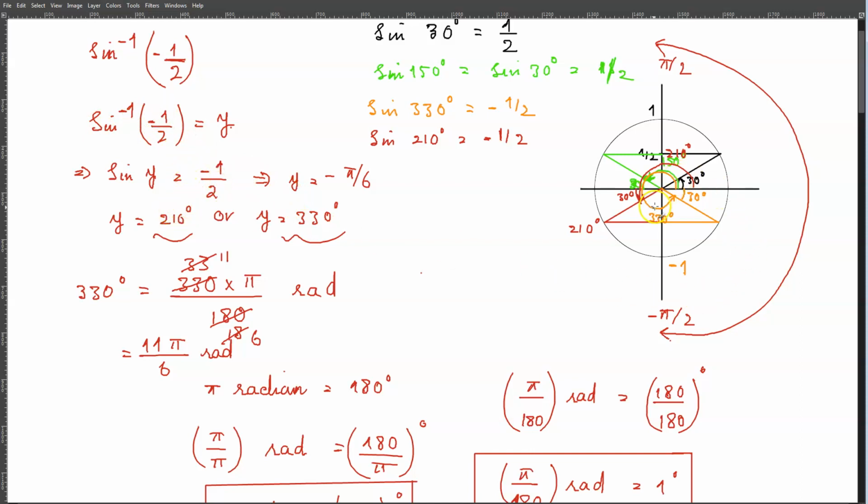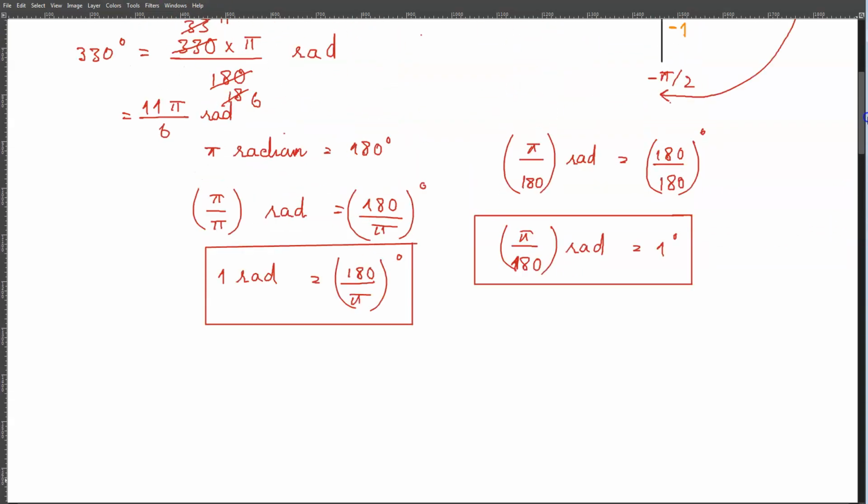So now, in order to write down the whole solution, we said that we wanted to calculate the sine inverse of negative 1 by 2. So you can say that let the sine inverse of negative 1 by 2 be equal to y.